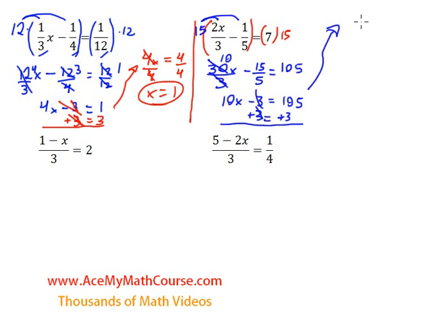So we get 10x equals 105 plus 3, 108. Now we divide both sides by 10, and x will be equal to 108 divided by 10, just 10.8. And that is the answer. That is the value of x.